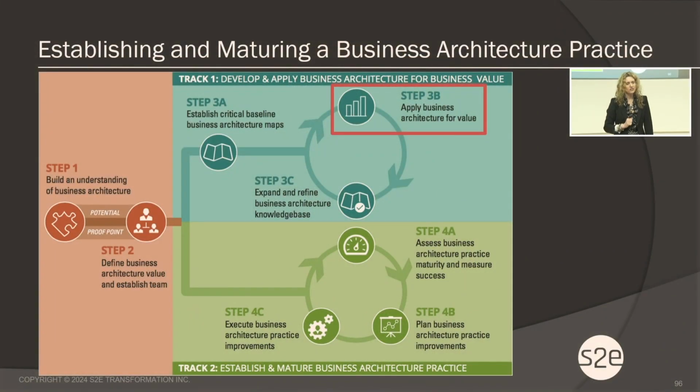And now moving to step 3B, you can start applying business architecture for value in your first usage scenario. You deliver on it well, you tell your success story, you show others what it looks like, build advocates, and you come around again. So step 3B is the little cog that drives the entire machine here.